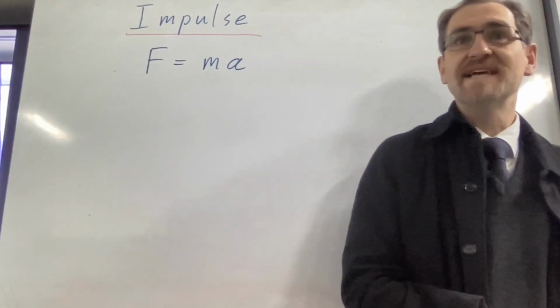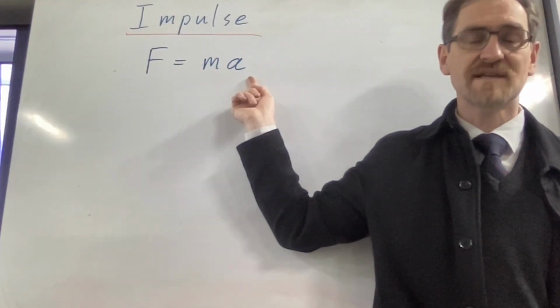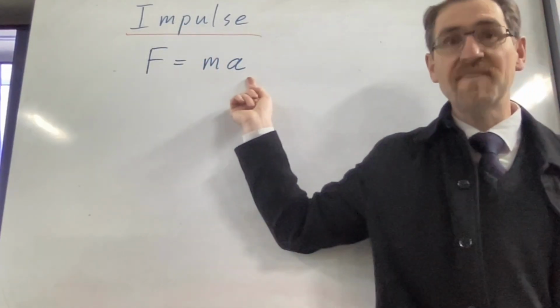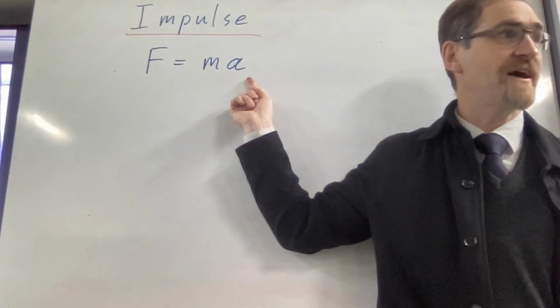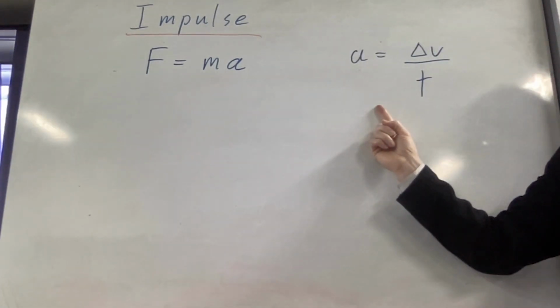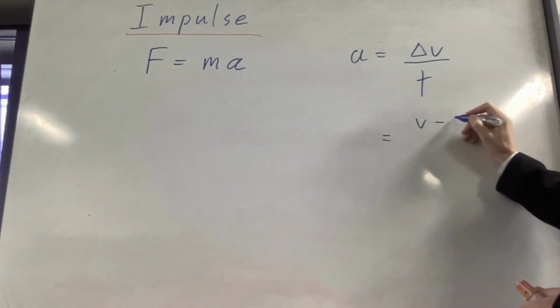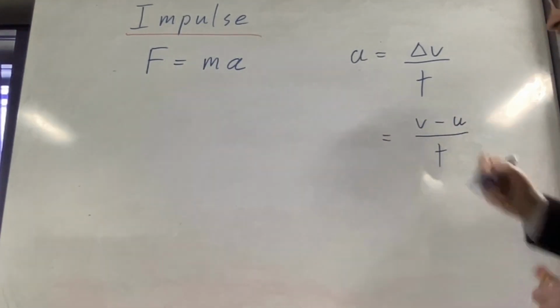So when we go to understand impulse, we're interested in Newton's second law of motion, force equals mass times acceleration. And we remember that acceleration is defined as change in velocity on time, which equals v minus u over t.